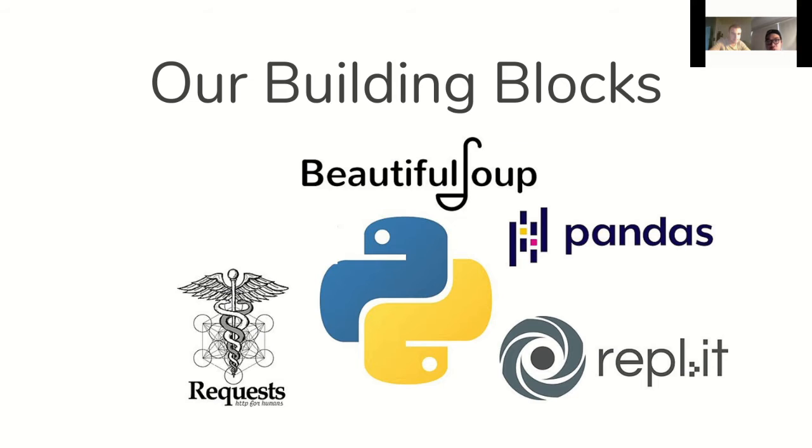We'll definitely be using Python as the main language for this workshop, and also Pandas to make our data look pretty after we do the web scraping. And lastly, we are using Replit to do live sharing.